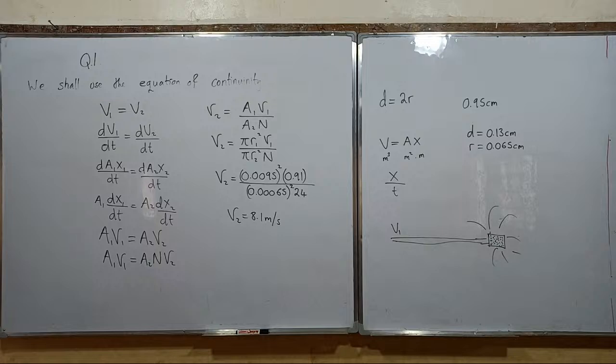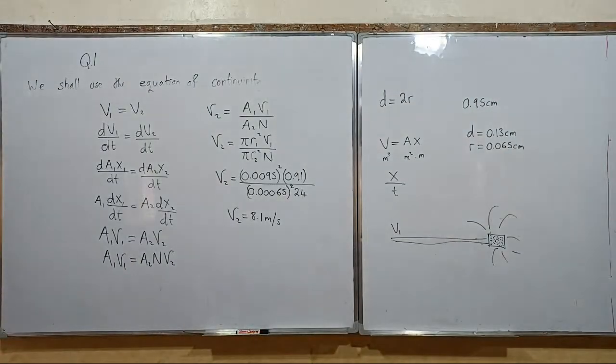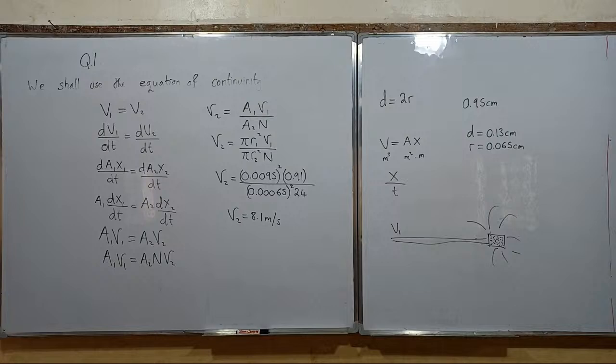Is it the same? What are you getting? Let me see. So open bracket, 0.0095. We close the square, multiplied by 0.91.